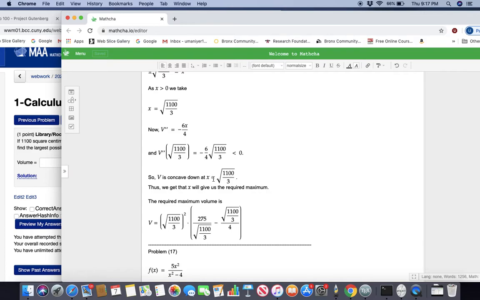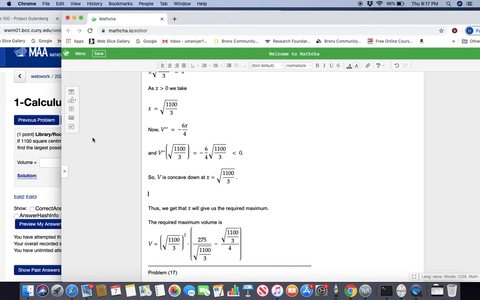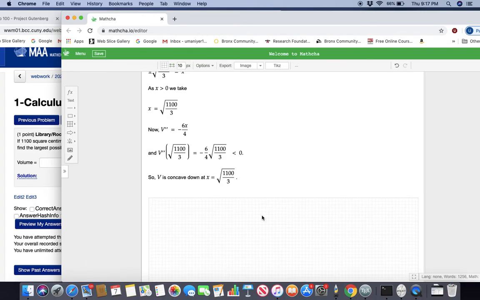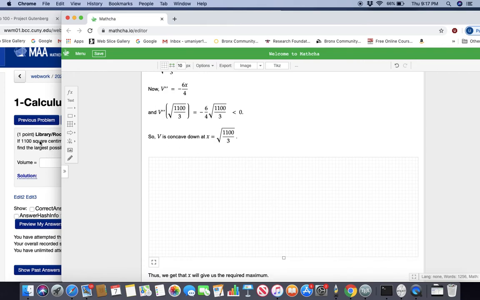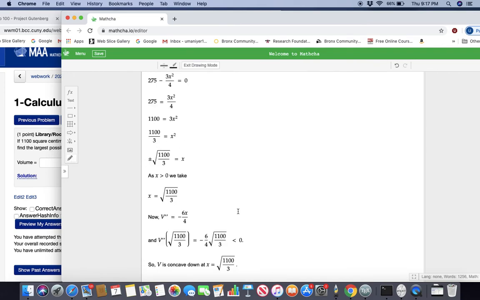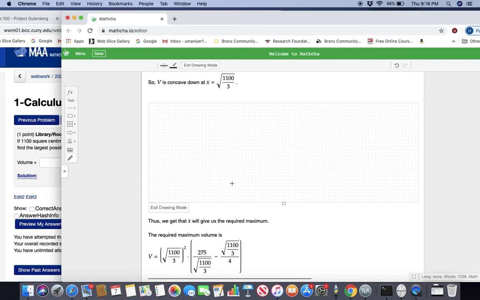That means this guy is going to give me a maximum. I hope this is clear. If my volume is concave down at a certain number, it looks like this, concave down. So that is going to be a maximum. Wherever that x be, x is here, and I have a concave down situation above x. So that's obviously going to give me a maximum.